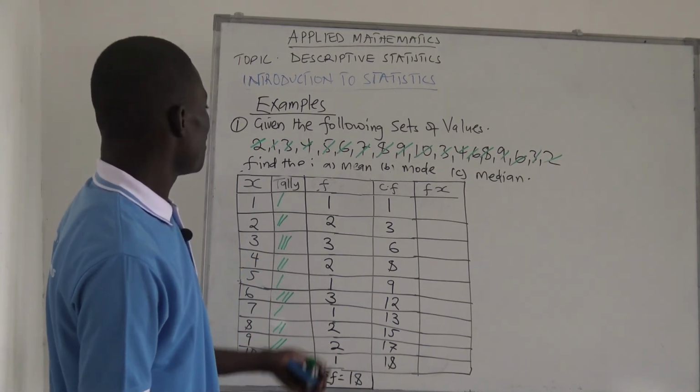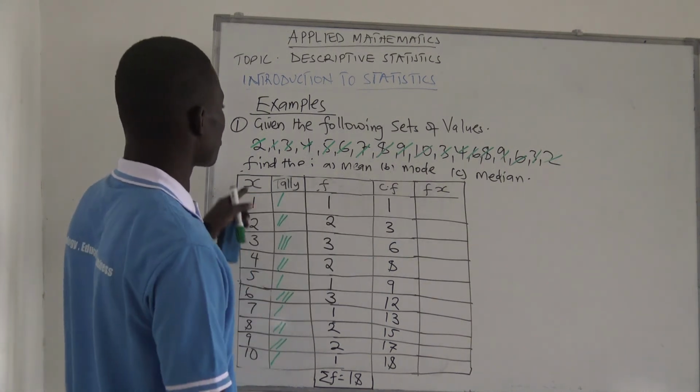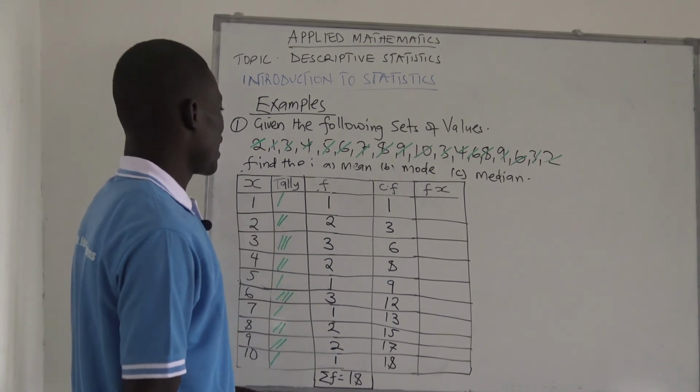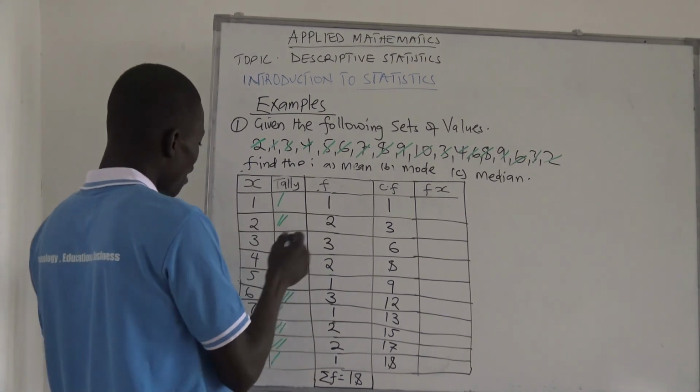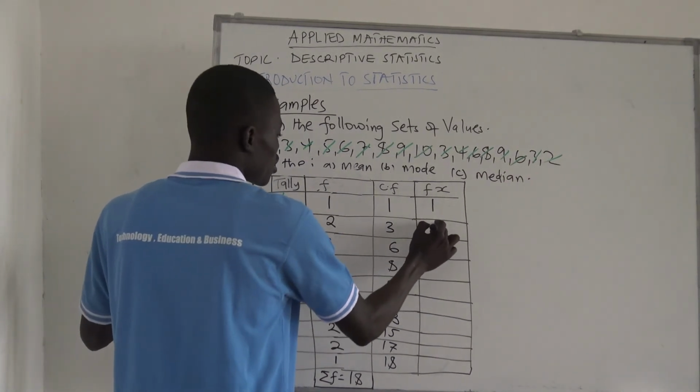Now the summation of fx. fx is got by x times f, or f times x. Here we multiply. So we have 1 times 1 which is 1, 2 times 2 which is 4.